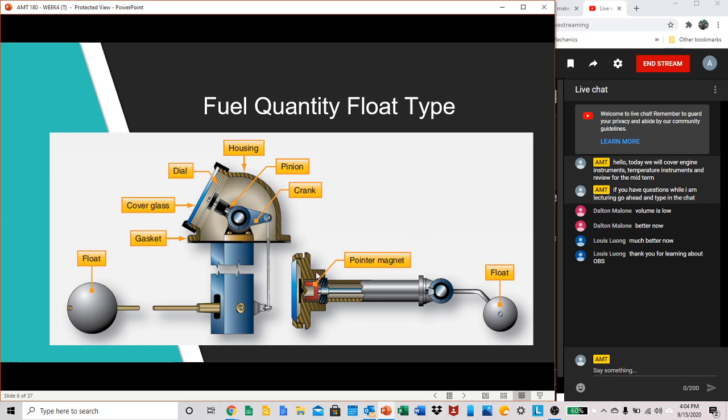You have your pointer magnet internal to your instrument, and this going to your actual float, which reads that signal. And then you also have this view over here. Again, your float attached mechanically to your crank and pinion gear, which is attached to your dial, and a few other descriptive items there.